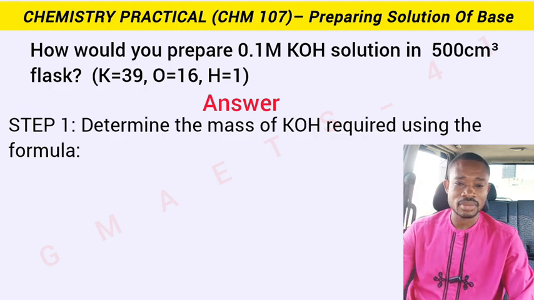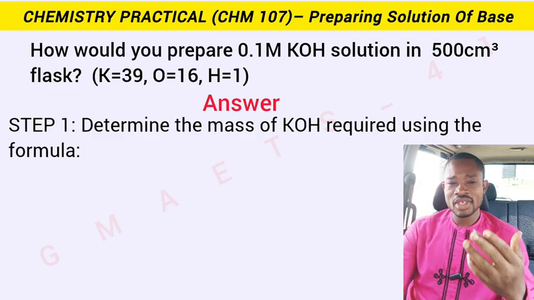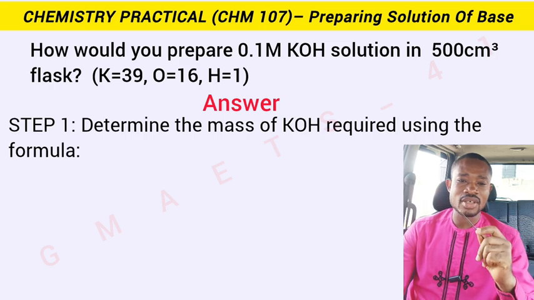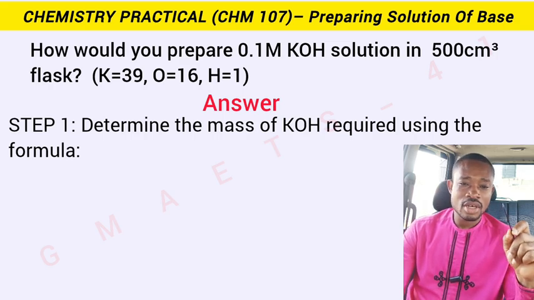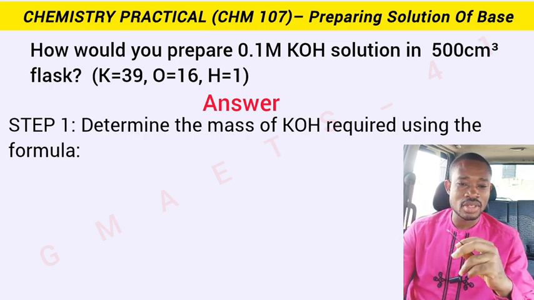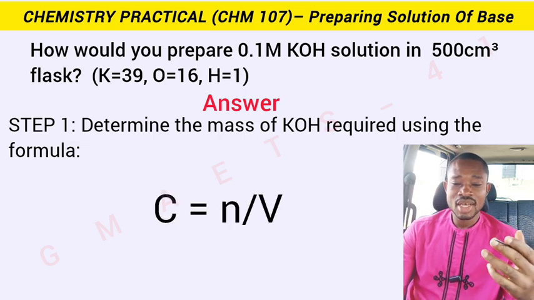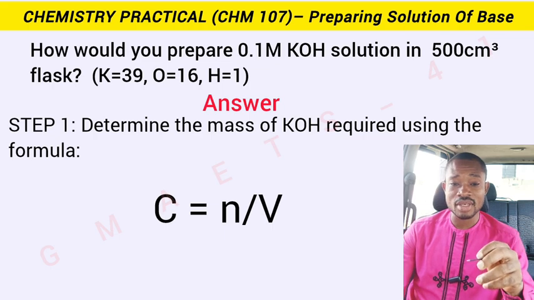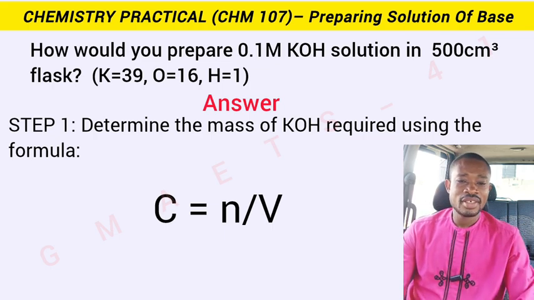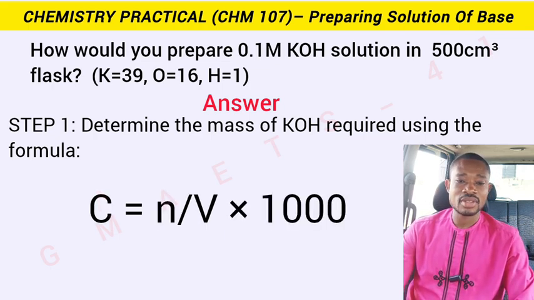Now, there is this formula: molar concentration equals amount, or number of moles, divided by volume. Now, if the volume is in cubic centimeter, you multiply that formula by 1000.